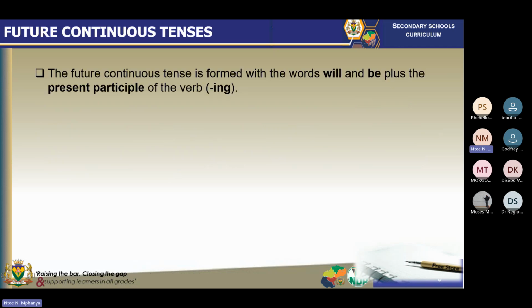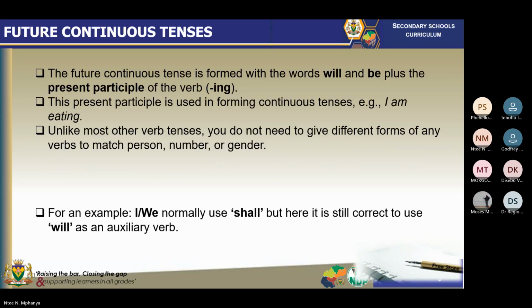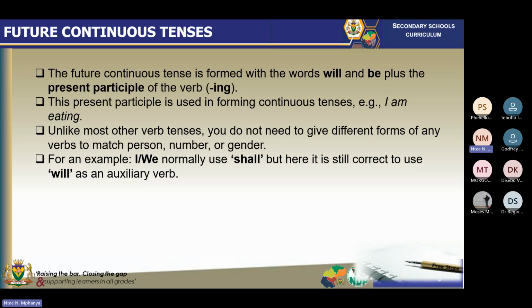For example, I and we normally use shall, né? But here it is still correct to use will as an auxiliary verb, because you don't need to give different forms of any verbs to match a person, number, or gender.